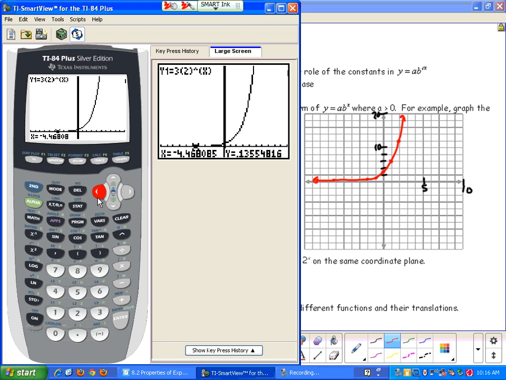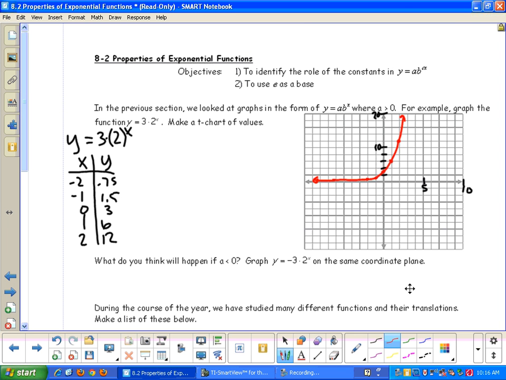So don't just stop your graph there. It's just hard to see because it's so close to the x-axis. Don't forget to also draw in your horizontal asymptote, which I abbreviate as HA. It would be the line y equals 0.